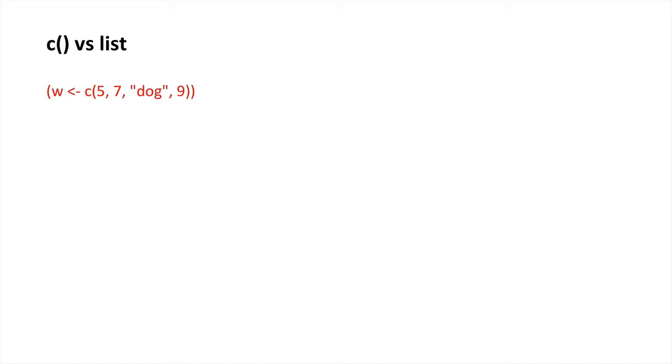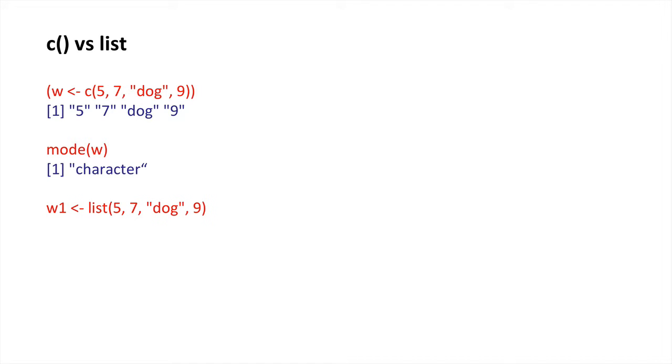Well, if we define it in this way and get it to print out, because we're using a concatenate operator which applies to vectors, then R goes to the lowest common denominator, which assumes that all of the individual elements, in this case, are characters. So we can ask what the mode of w is, and we see that it's a character.